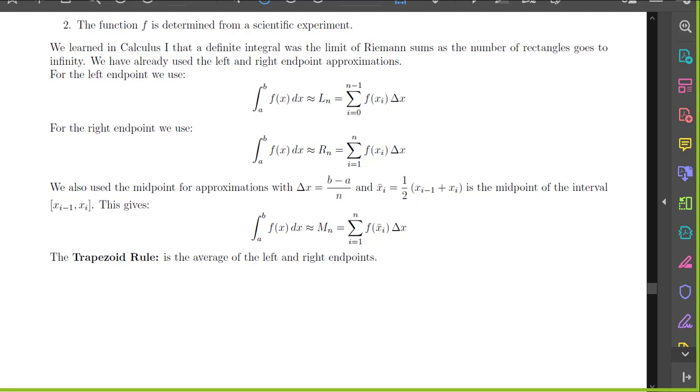We had the right endpoint. And then we also used a midpoint formula as well for finding the area underneath the curve. Each of those turns out to be an approximation, sometimes more accurate than others, and we'll talk about the accuracy of each of these as time goes on.